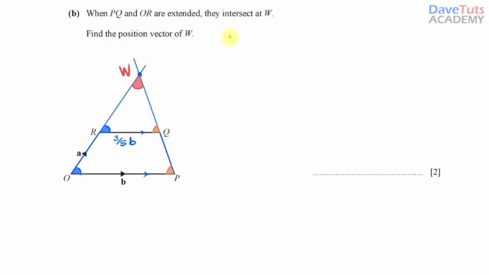So inherently, I can just say triangle WRQ is similar to triangle WOP. And if that is the case, the ratio of their sides is also going to be equal.